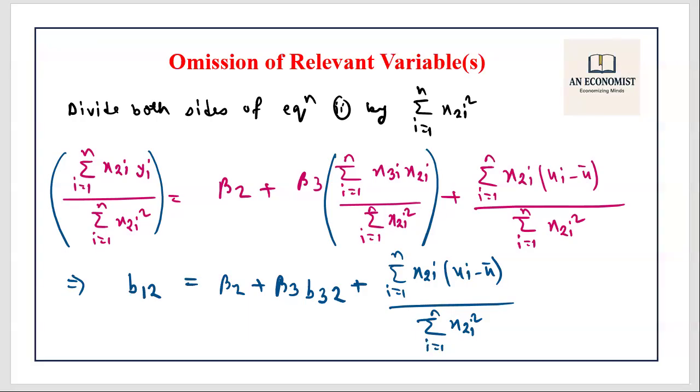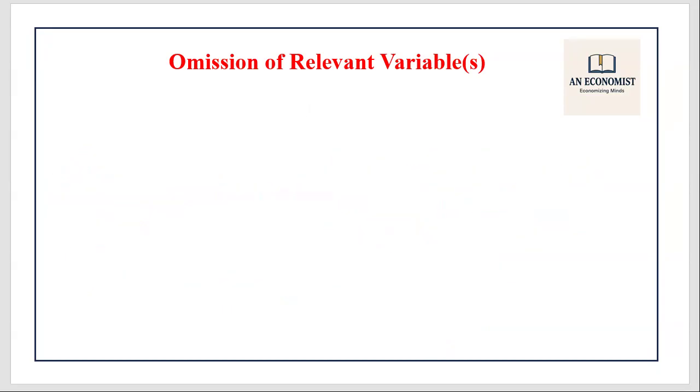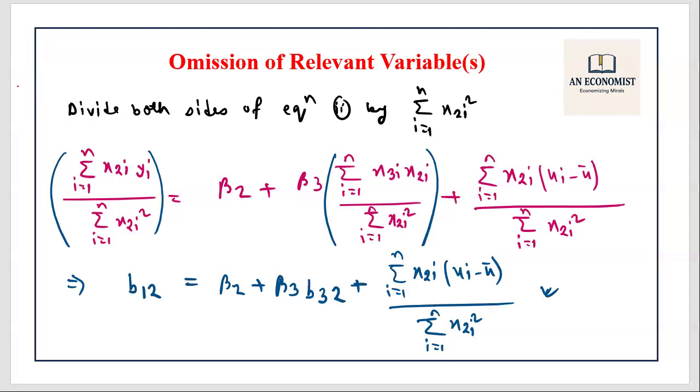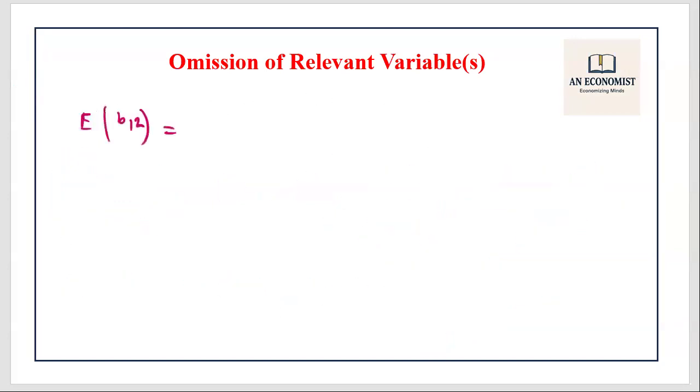Now all you need to do is take expectation on both sides of this equation and then you will get the required answer. So let me do that. Expectation of B12. And on the right hand side, expectation of beta 2 will be beta 2, because the original model is consistent with all the assumptions of the multiple linear regression model. So unbiasedness holds in the original model. But in the incorrect model, this unbiasedness is not holding.